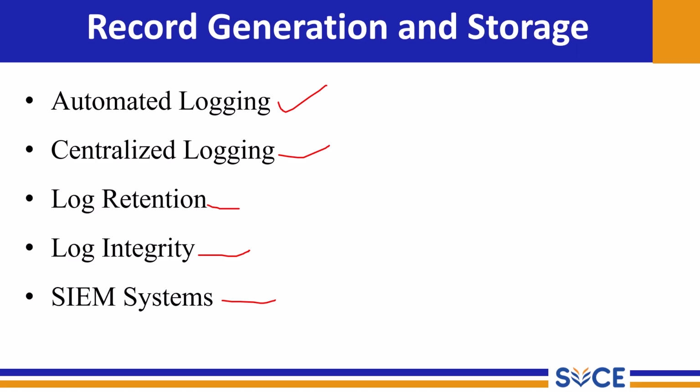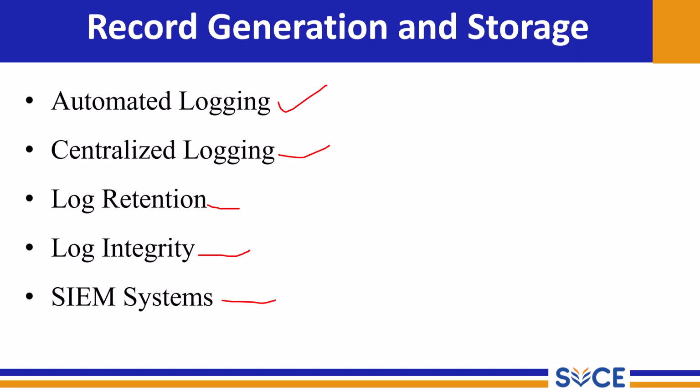Drawbacks related to storage: first, the cost of storage. As mentioned earlier, storing large volumes of records in the cloud can become expensive, especially for long-term retention. Different storage tiers offer varying costs as well as access speeds, which requires careful planning and management. Then data security and privacy.